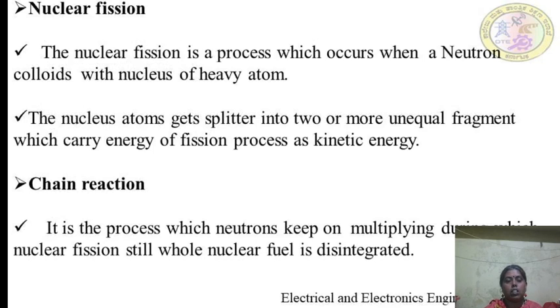Next is, what is nuclear fission? Nuclear fission is a process which occurs when a neutron collides with the nucleus of a heavy atom. When fission takes place, because of the collision in the atom, fast moving energy will be generated by the nuclear elements.